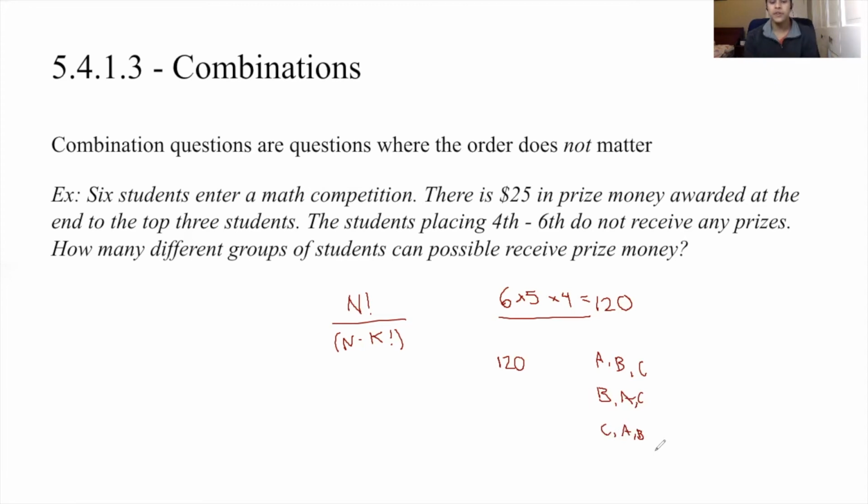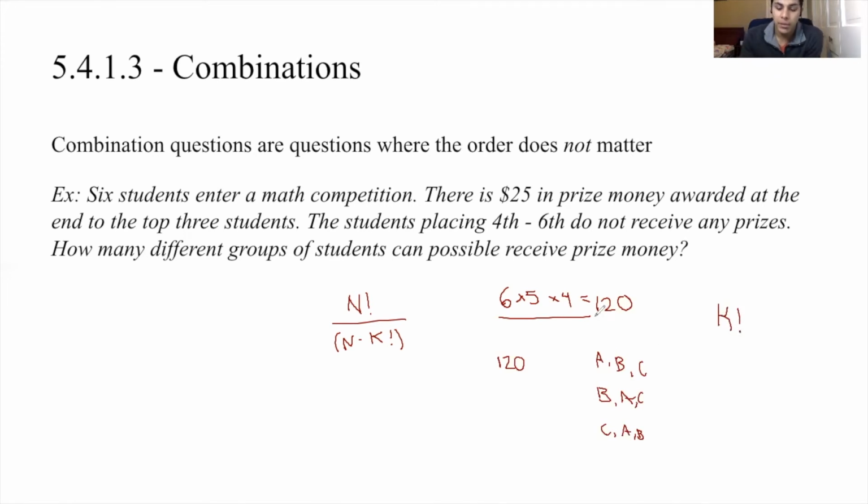So now we need to figure out a way to eliminate it down to just how many different possible combinations of students there can be in the top 3 based off which students are in the top 3 and not which students are in each place. And for that, what we need to do is divide by k factorial again, because we care about how many students are in the top 3, right?